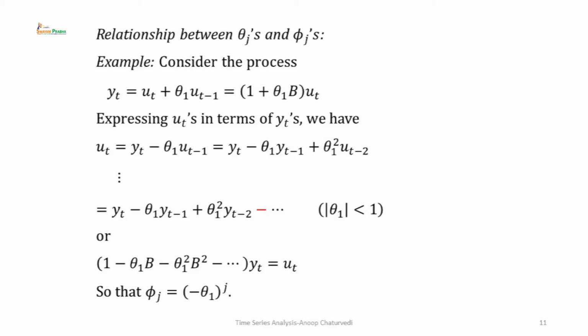So, we impose the condition that mod of theta 1 is less than 1, or you can write it as (1 minus theta 1 B minus theta 1 B squared minus ...) y t is equal to u t. So, in this case phi j is equal to minus theta 1 to the power j.